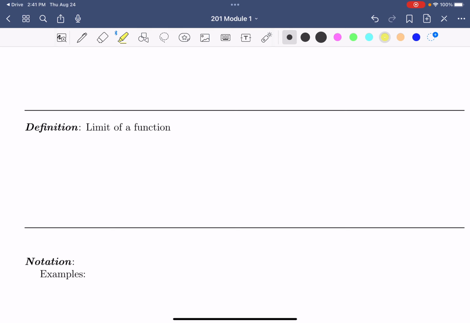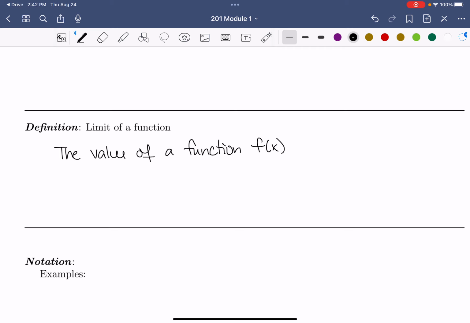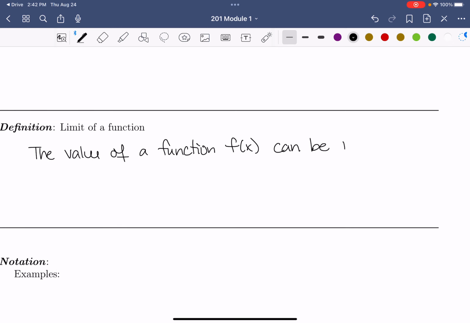All right, so this is what we want: the value of a function f of x can be made as close to L as desired.